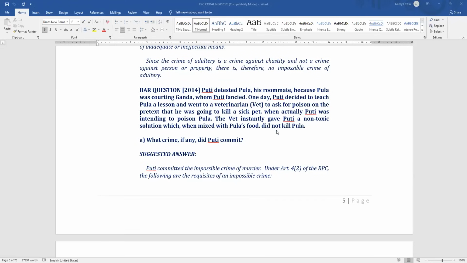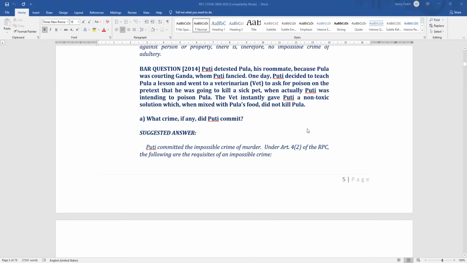The vet gave Puti a non-toxic solution, which, when mixed with Pula's food, did not kill Pula. But Puti believed that it was a poison. What crime, if any, did Puti commit?